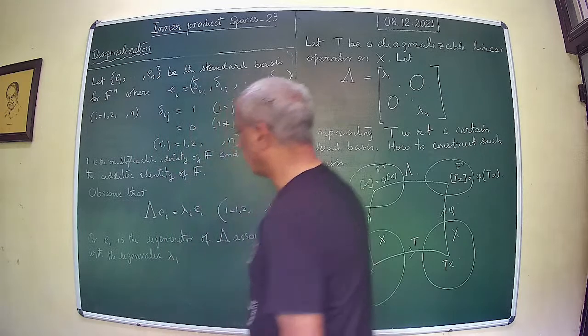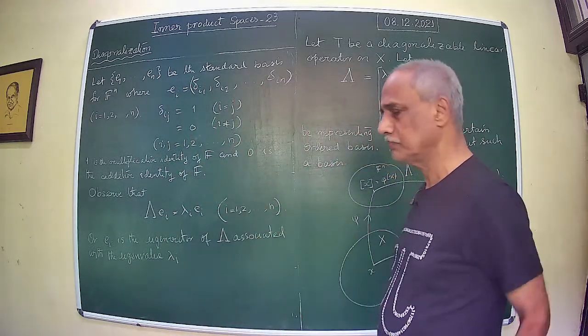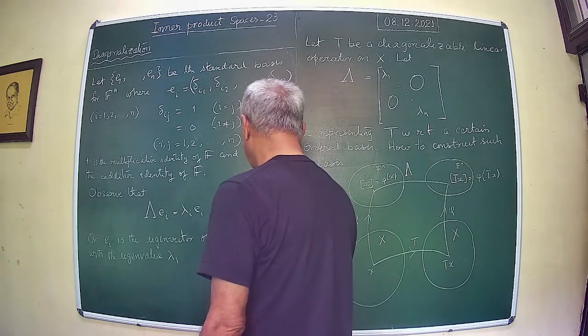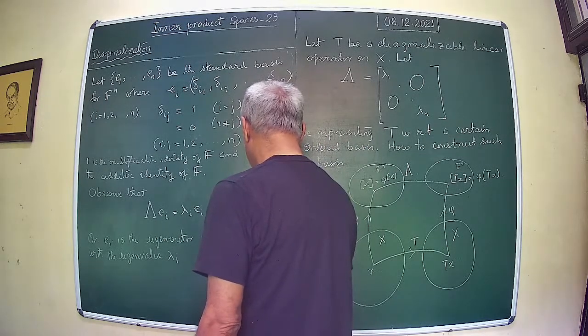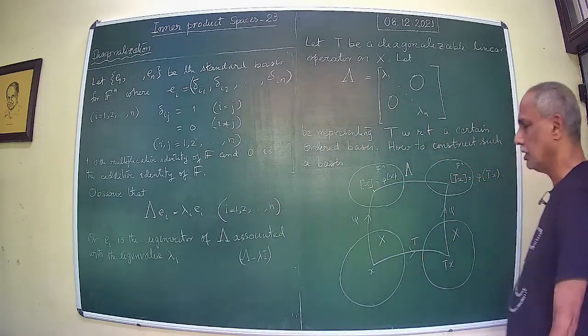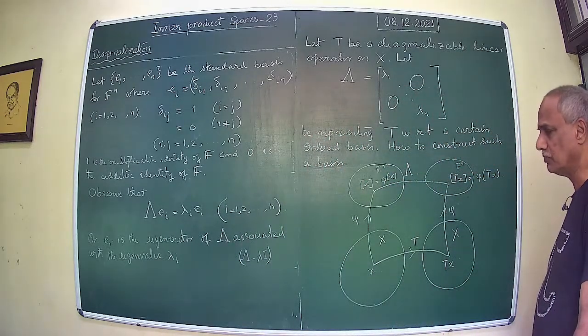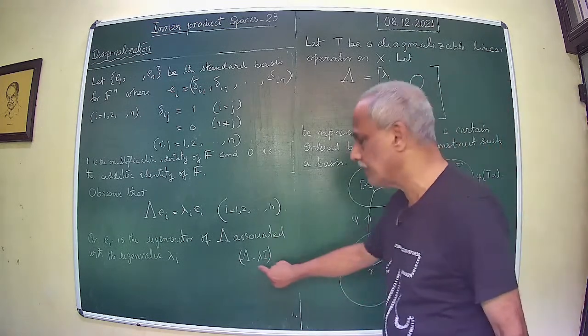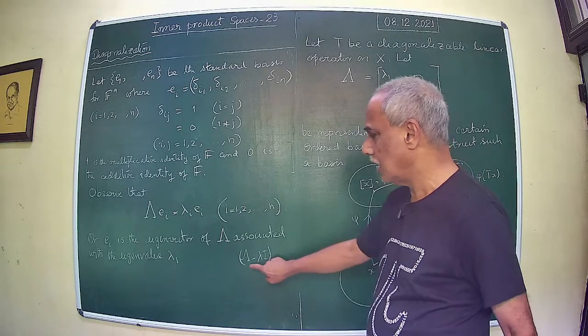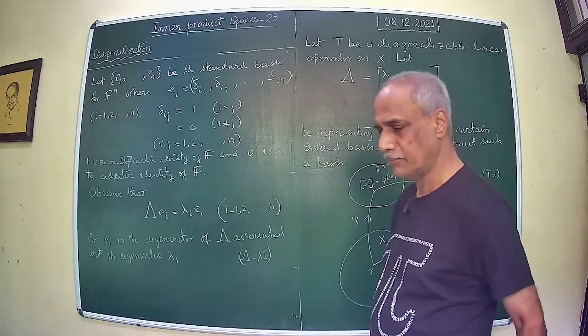Now let us recall this. The problem is this: when is lambda minus this non-invertible? The values of lambda for which this is non-invertible are called the eigenvalues of lambda.